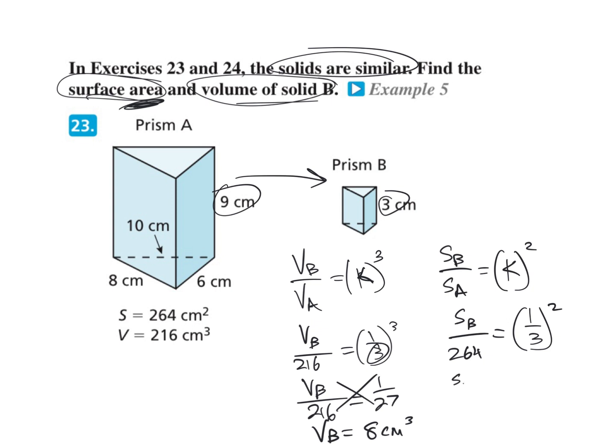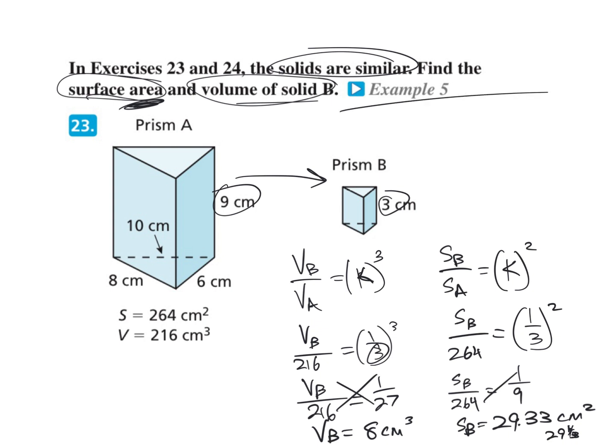So now the surface area of B over 264 is 1/9. So we're going to take 264 divided by 9, and we get the surface area of B to be 29.33 square centimeters. And the book has that as 29 1/3, just in case Big Ideas is having a cow.